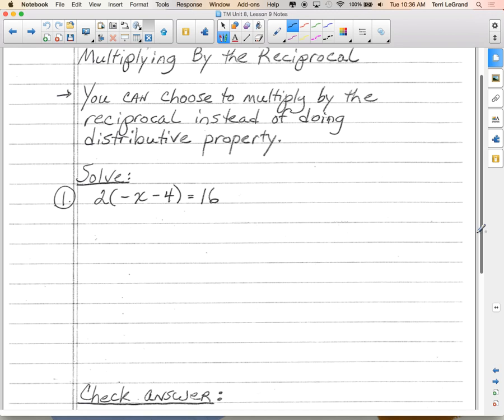So give me an example of some reciprocals. What are we talking about when we're talking about reciprocals? Dan, you give me an example. Okay, she says 1/3 and 3/1 are reciprocals. Do we agree, class? Yes.